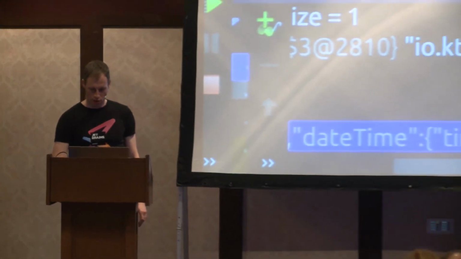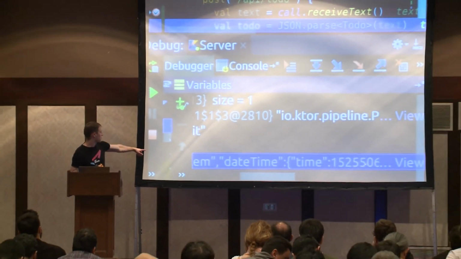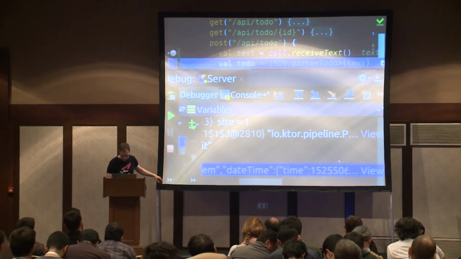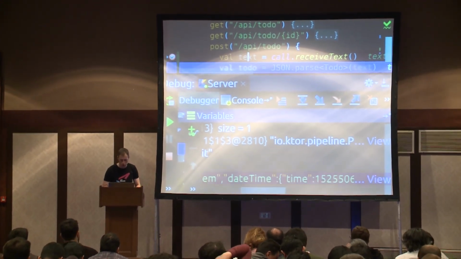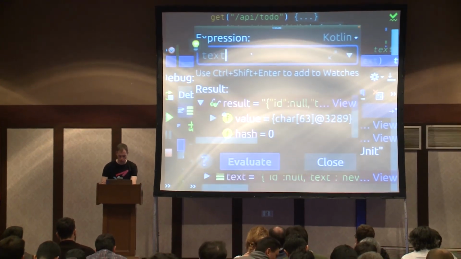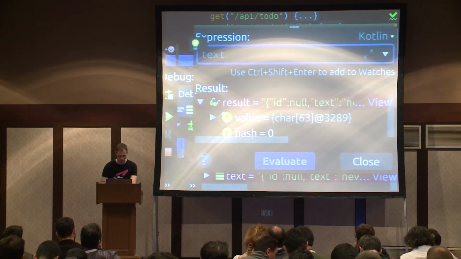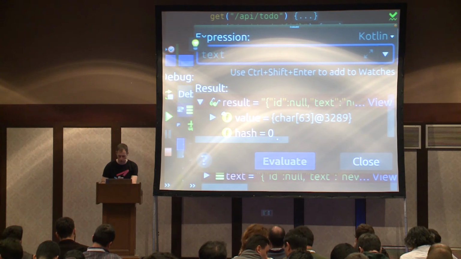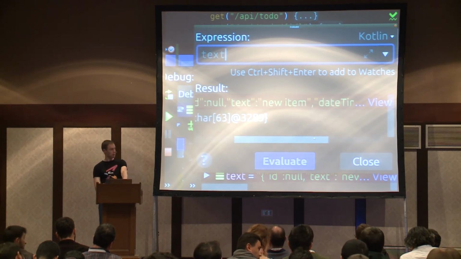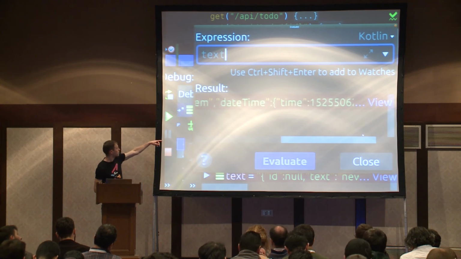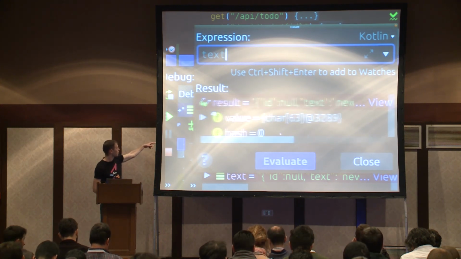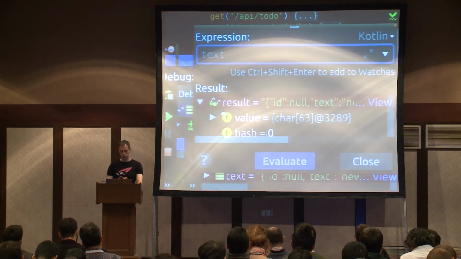The request body here is, oh, it's very small. So we have a request body down here. So I can probably show it like this, in the middle of the screen. So we have text and DateTime serialized, and this is our to-do item we declared in common code.